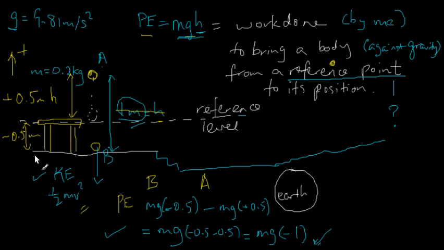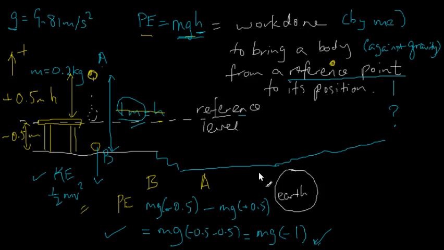Okay, that's one thing. I just described the meaning of potential energy. Now the other thing about potential energy, which is equally important, is what you use it for. It's no use just getting a number and saying that potential energy is 20 joules. It's okay, but it's not very useful.